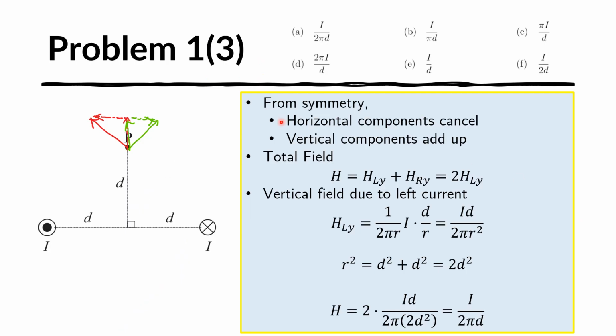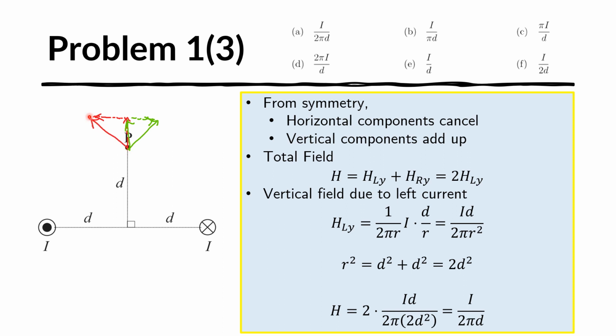Now let us draw the problem. This is the current carrying wire that is carrying current towards us, and this one is the wire carrying current away from us and into the screen. And just like in the previous slide, we can draw the magnetic field due to this, and that would be this red arrow.